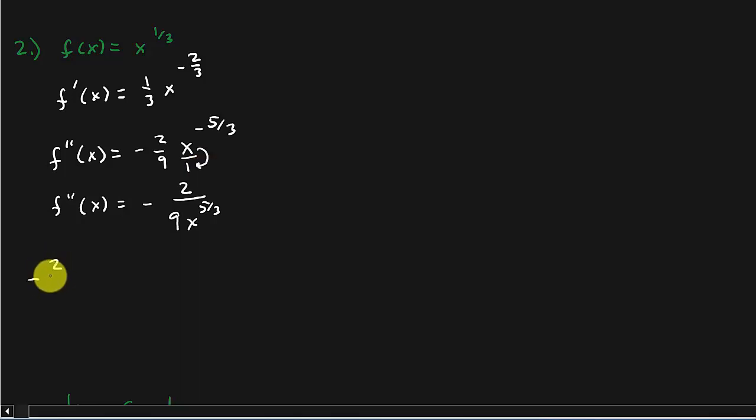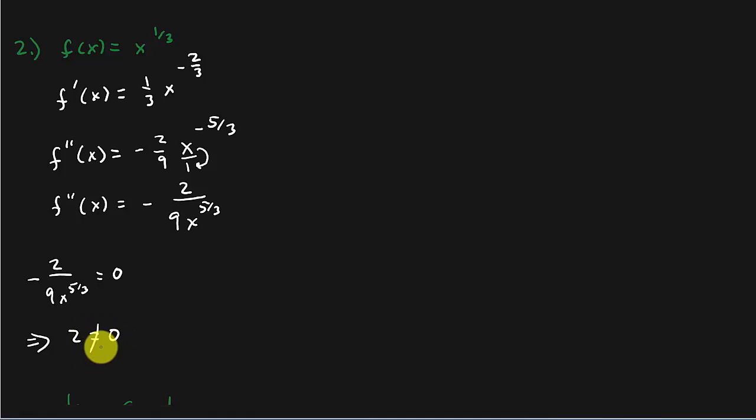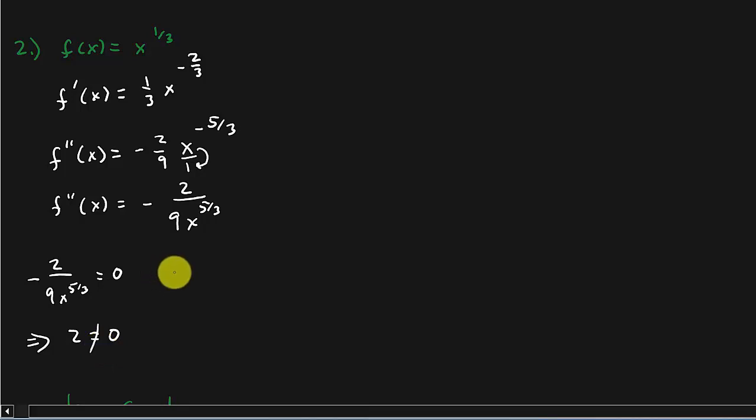All right, so remember, if you have -2 over 9x to the 5/3 and you set that equal to 0, remember, a fraction is 0 when the numerator is 0, and we know that 2 does not equal 0. So this fraction will never be 0. But at x equals 0, f double prime is undefined.